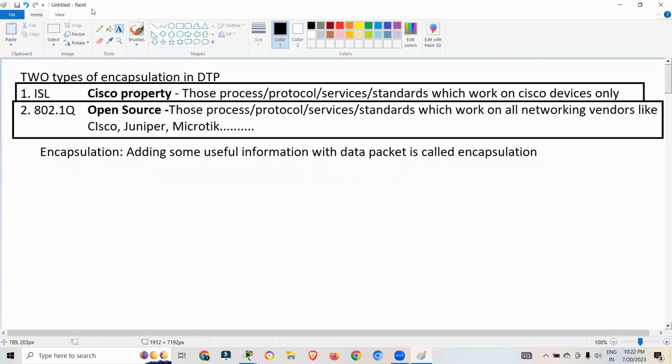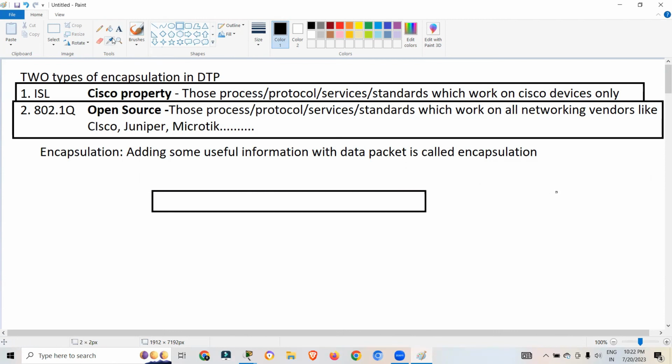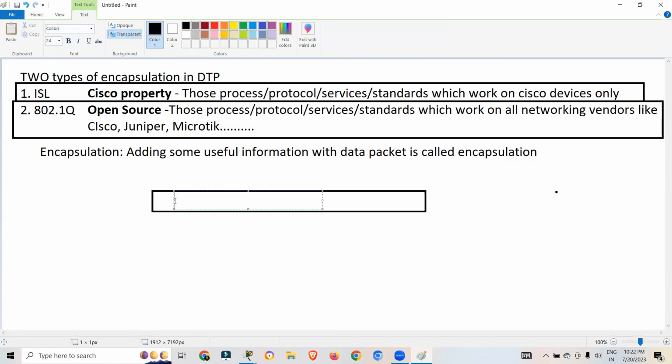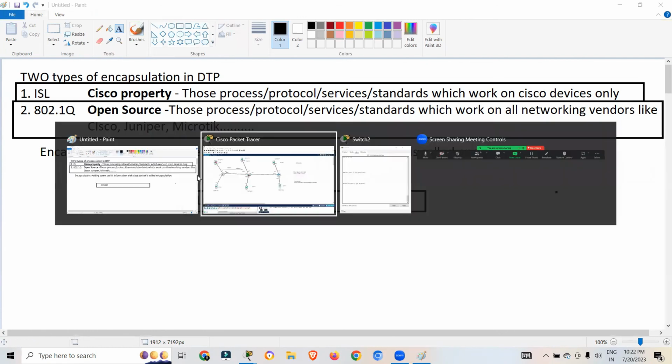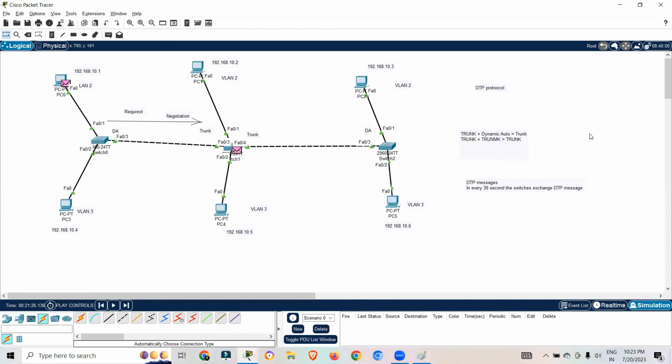So what information can I add? This is my packet, in which we have data, like you're sending a hello message from one PC to another PC. This PC will generate the hello message.